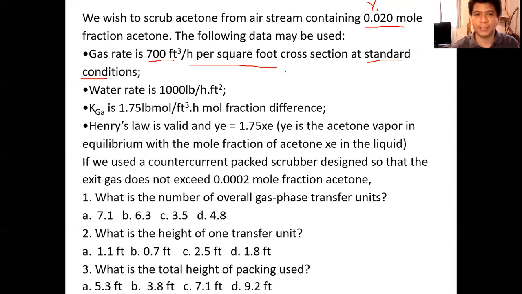So for standard condition, you can use the constant 349, since it's in cubic feet. Remember that constant. Isn't 349 cubic feet per pound mole? You need to convert this to pound mole.